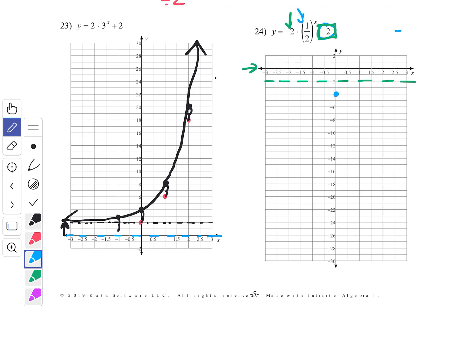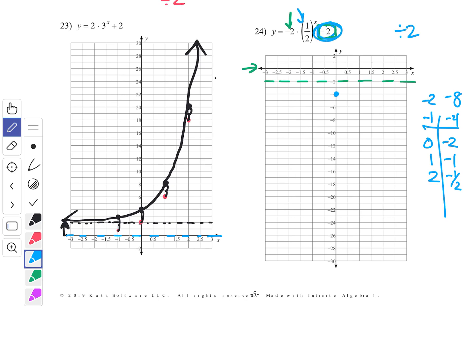Now we're timesing by 1/2, so that's dividing by 2. If I make a table, I was at -2, dividing by 2 would be -1, -1/2, as I'm going to the right. If I were going left, it'd be -4, -8.